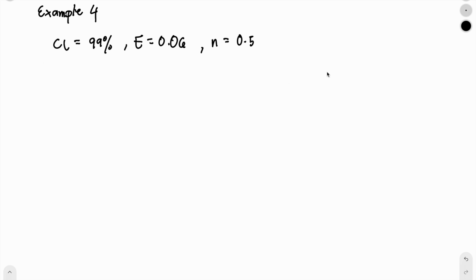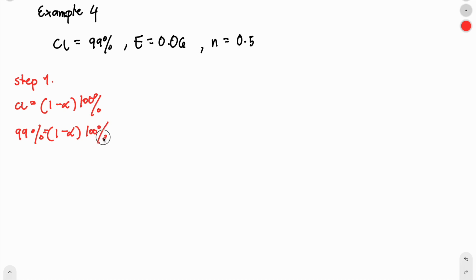So to solve, we should first start with the alpha. Step 1, solve for the alpha. We have CL is equal to 1 minus alpha times 100%. And CL is 99% equal to 1 minus alpha times 100%, divided by 100%.